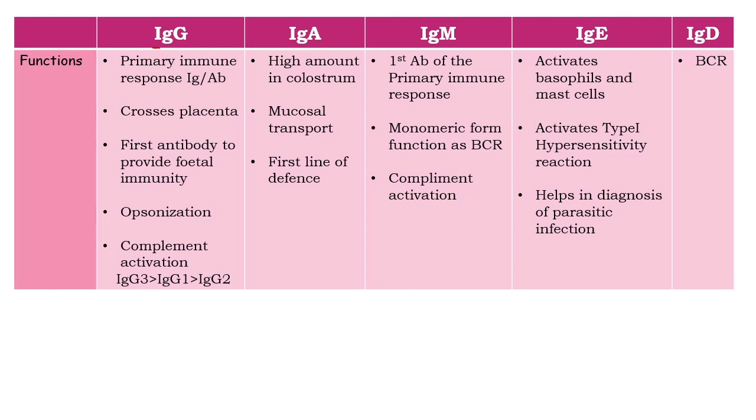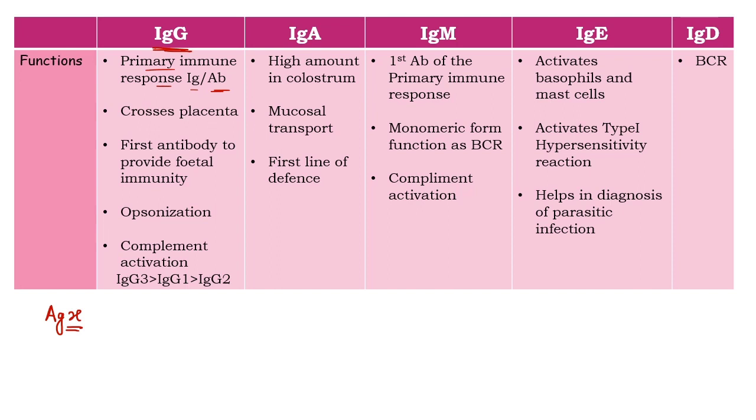Talking about the function of IgG, IgG is the primary immune response immunoglobulin or antibody. So what is primary immune response? Whenever an antigen enters our body for the first time, the immunoglobulins that are formed against it are known as primary immune response immunoglobulins. For example, suppose this antigen X enters our body for the first time.